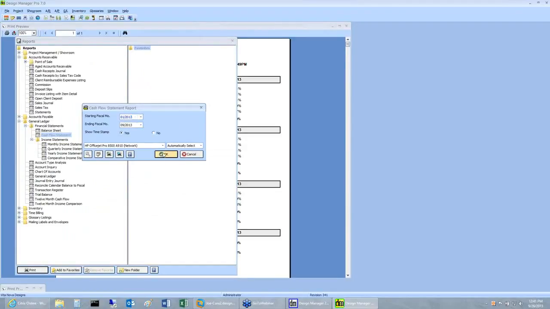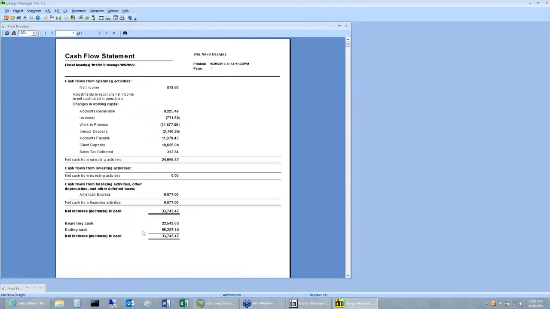So when I said that, what it did is it found out what the net income is as of the end of September, and it looked at what affected these accounts since January through the end of September. So when it shows the beginning cash balance, that is my cash balance as of January 1st.